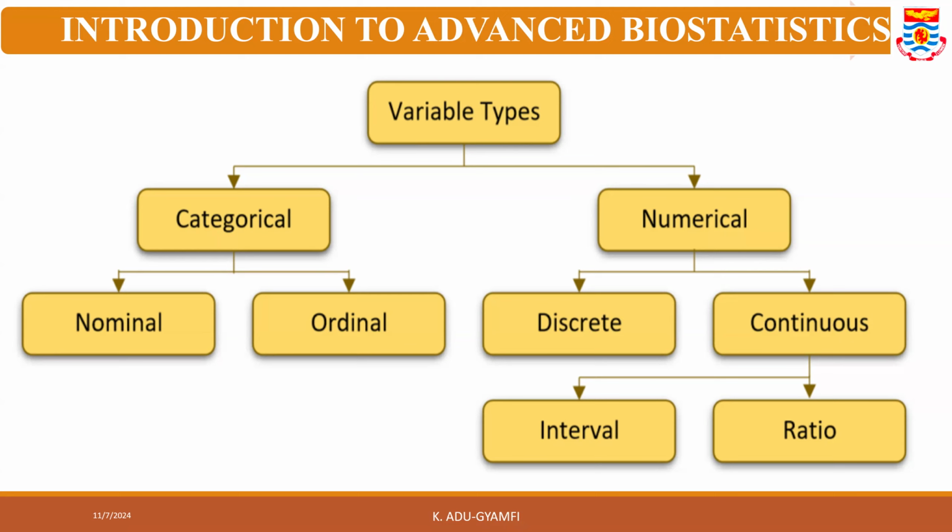Let me explain the continuous this way. When you pick 2 points as a continuum between point 1 and point 2, what makes the data collected between point 1 and 2 continuous is that you can have 1.001, 1.002, 1.003, 1.004.